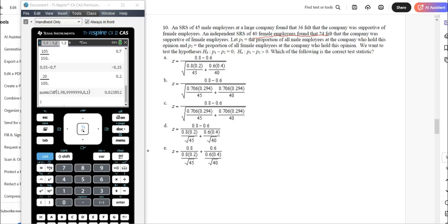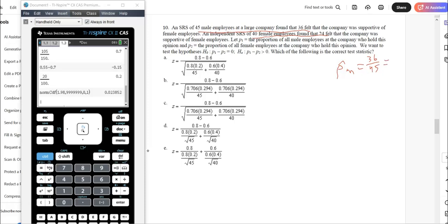So P1 is the men, P2 is the women. And the men, 36 out of 45, so p hat 1 is going to be 36 out of 45.